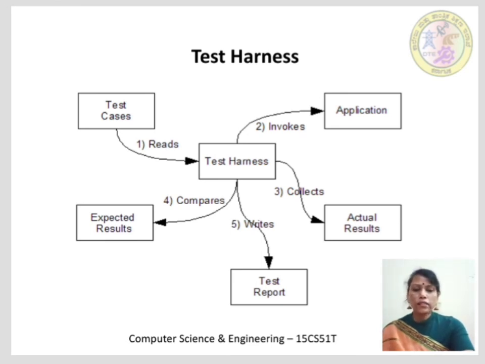Test Harness uses test libraries to execute tests and generate a report. Test Harness in automation testing refers to the software systems and the framework that includes test data, test scripts, and test results, and compares and analyzes the results.